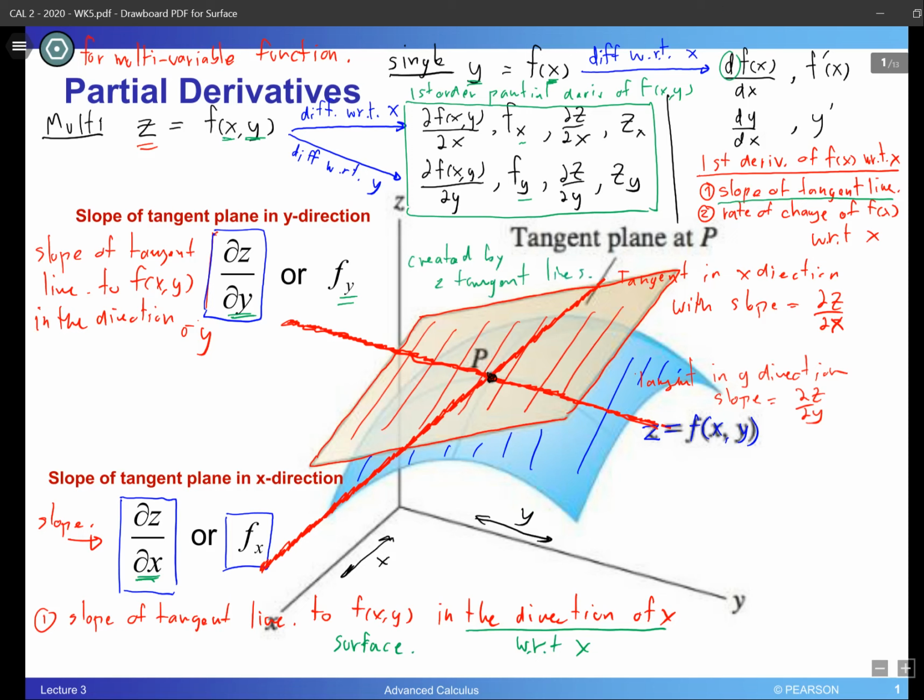Alright, these are the concepts, but now let's move to the calculation. I am going to give you just one tip for the calculation, and after that it's all practice.